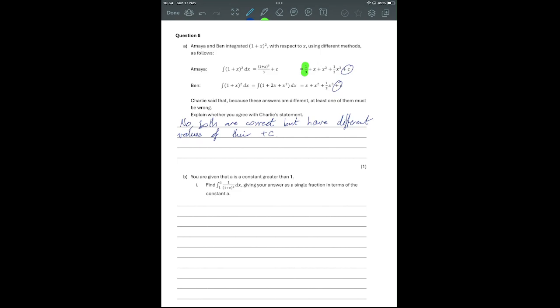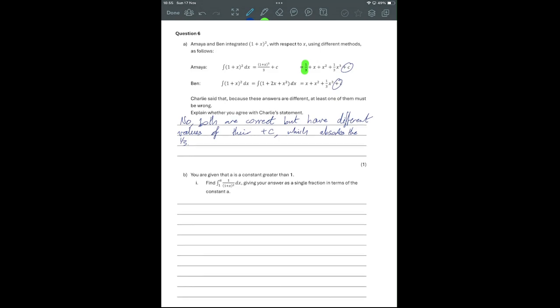So no, I don't. Both are correct. They have different values of plus C, which absorbs the third. Again, only 1 mark. We don't need to go into glorious detail there.